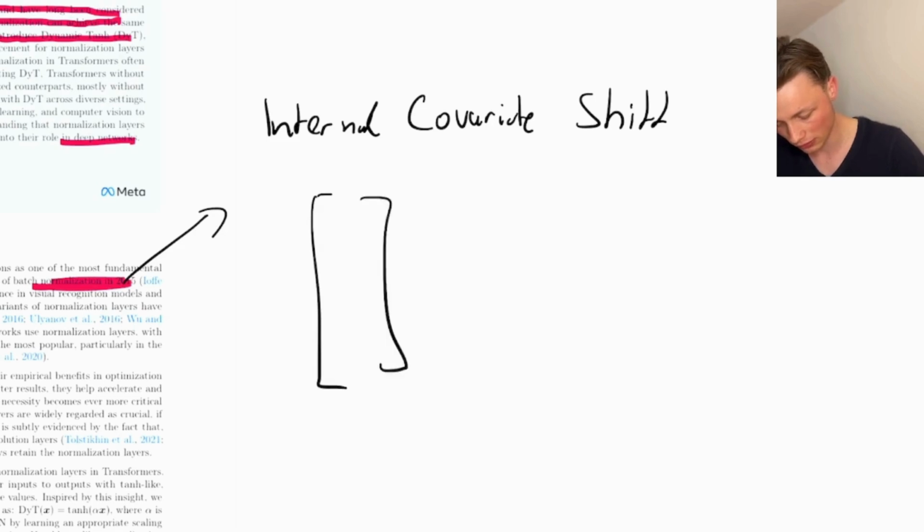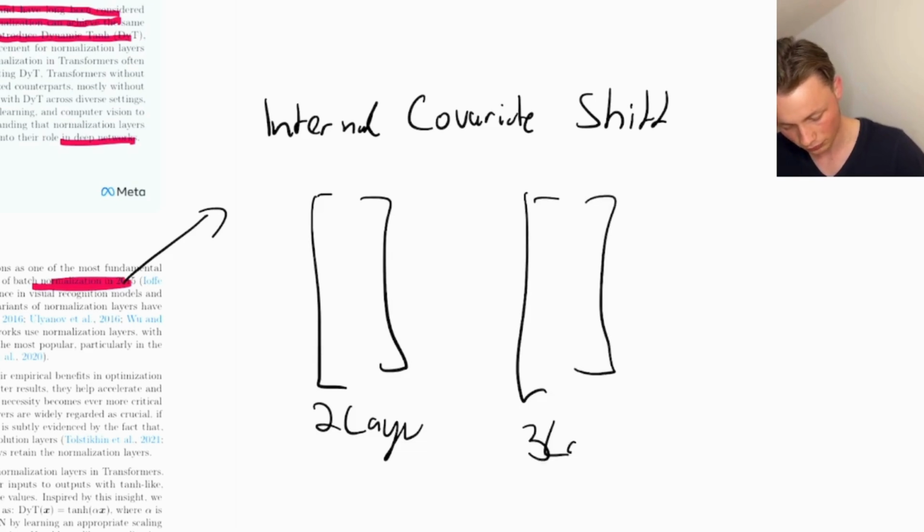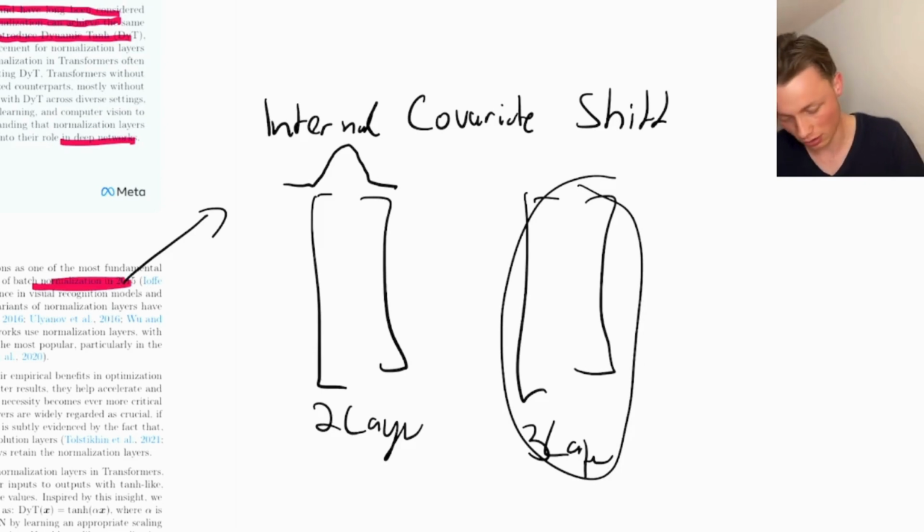So if this is our, I don't know, second layer of our model, and this is our third layer, we have here at the first step a Gaussian distribution. This layer now learns that the input to layer 3 is a Gaussian distribution, standardized with a standard deviation of 1 and a mean of 0.